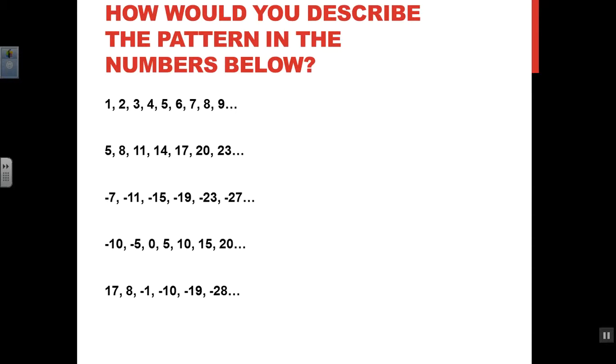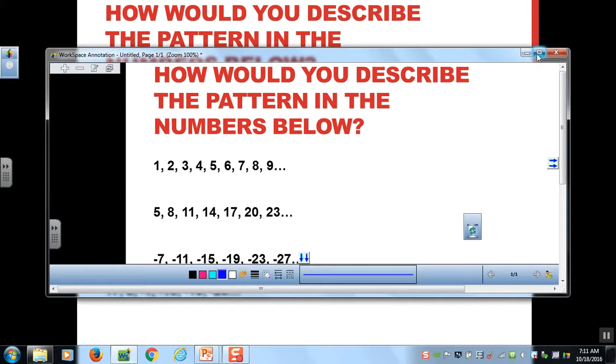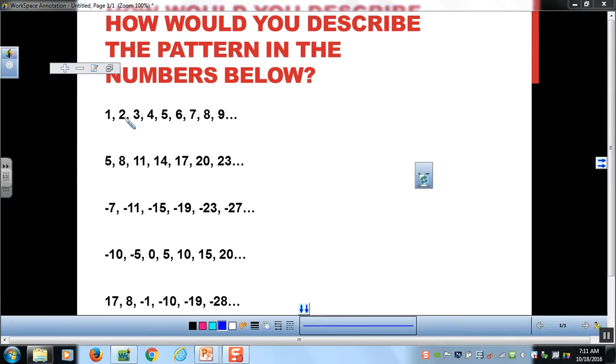All right, so hopefully you have had a moment to go through all these. So let's go ahead and look at all these and see how you can describe it. So notice as I go from 1 to 2, I add 1, and then I keep doing that all the way through here. I'm adding 1 the whole time. So what you see is what we call a constant rate of change.